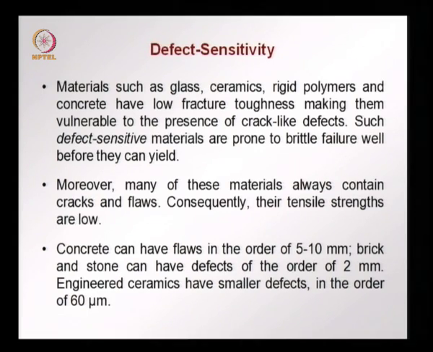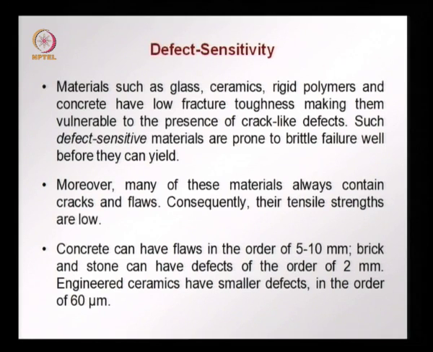So materials like glass, ceramics, rigid polymers, concrete, and to some extent wood, have low fracture toughness. This we saw in the previous lecture, and this makes them vulnerable to the presence of defects that can cause cracks or crack like defects.